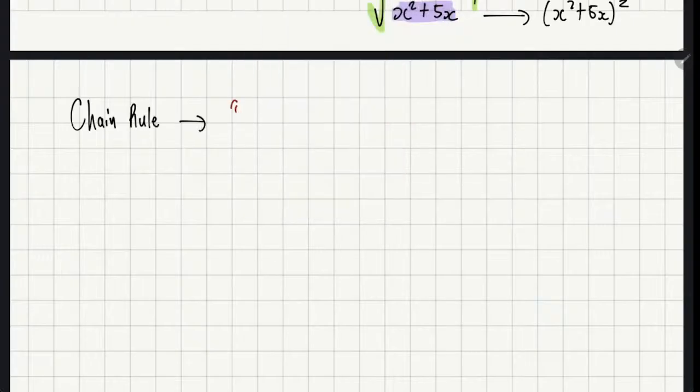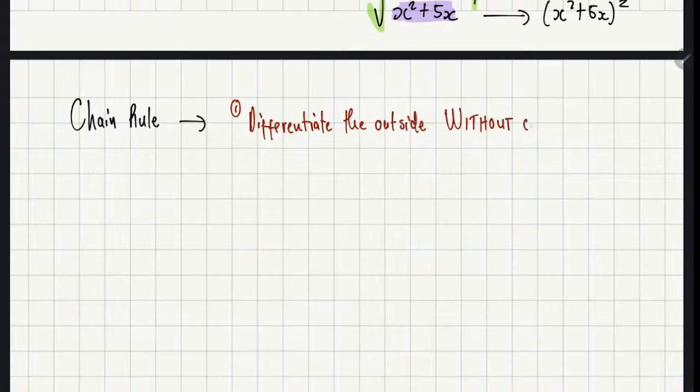Chain rule says, step number 1, differentiate the outside without changing the inside. This is where a lot of people get it wrong. Differentiate the outside without changing the inside. Differentiate the outside, but don't change the inside.